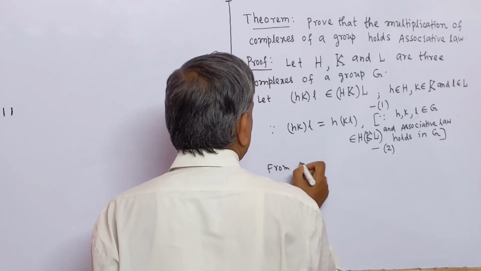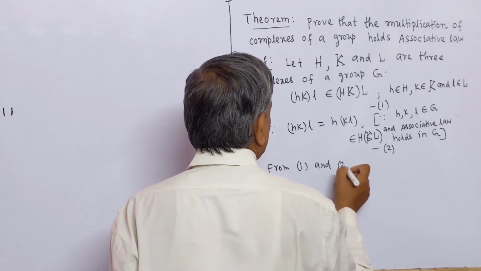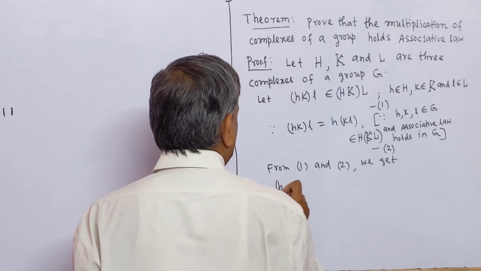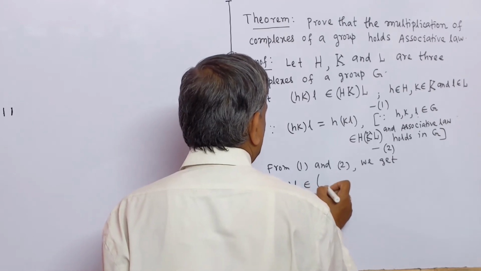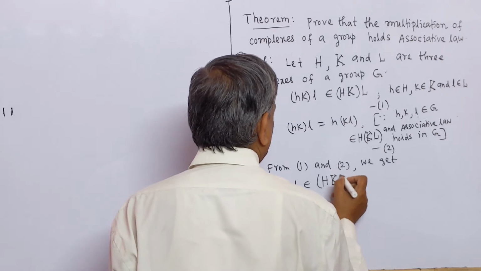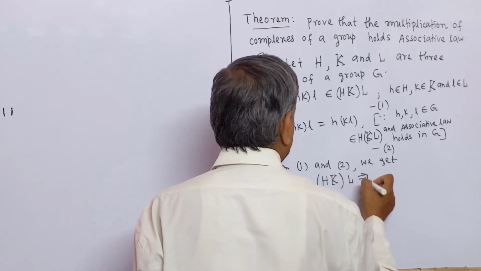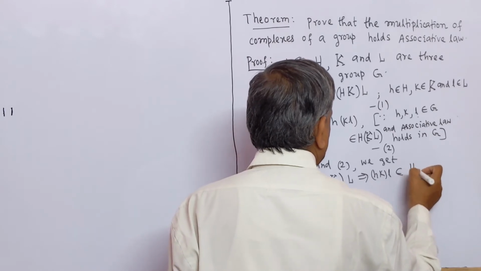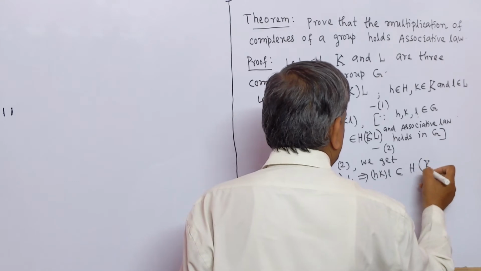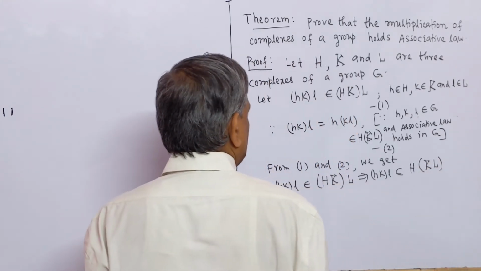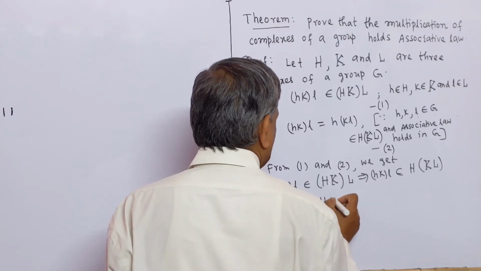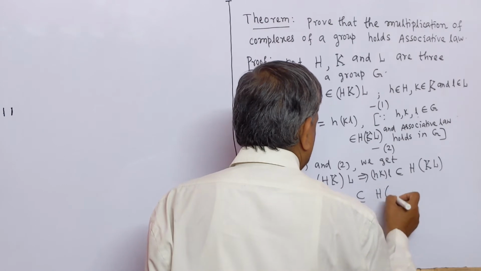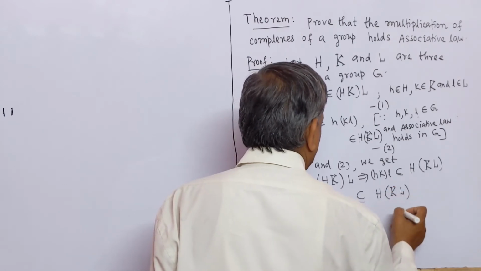From 1 and 2, we get (hk)l belongs to (HK)L, and here (hk)l belongs to H(KL), implies that (HK)L is a subset of H(KL). This is number 3.